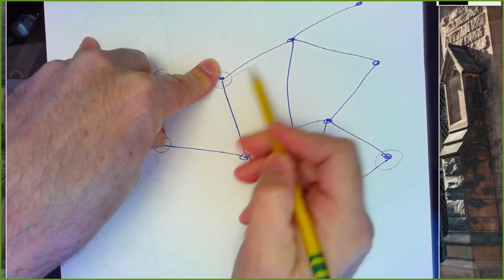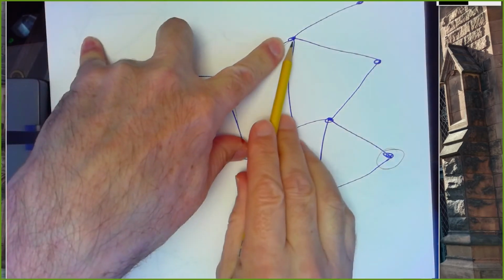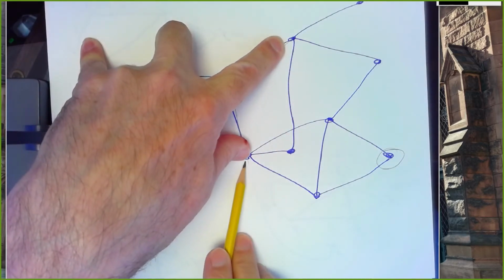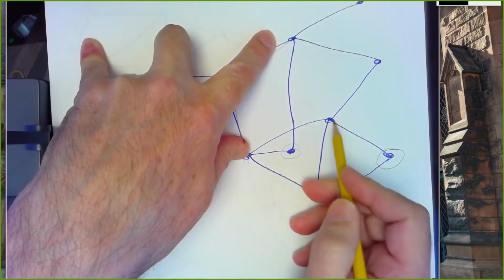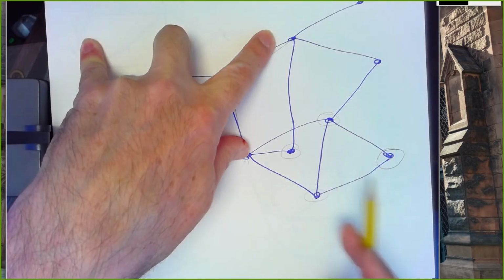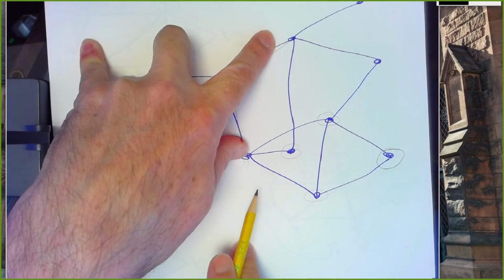Well, I could go here or I could go here. And so now I have 2 new subproblems. One is to find the shortest path from here. The other is to find the shortest path from here. Well, this gives me 3 subproblems. I could try to find the shortest path from here, here, or here. And whichever one is shortest, I can simply go from here to there in one hop.